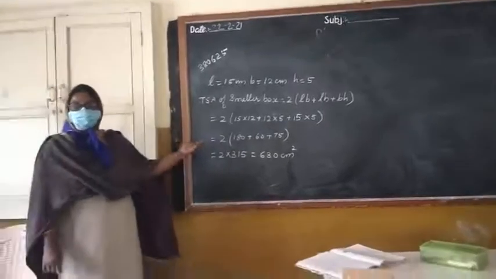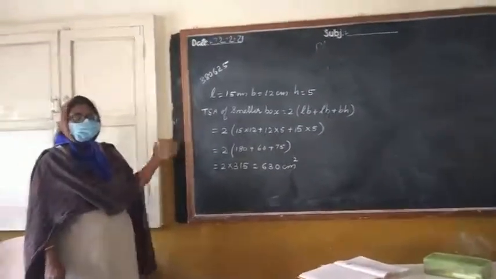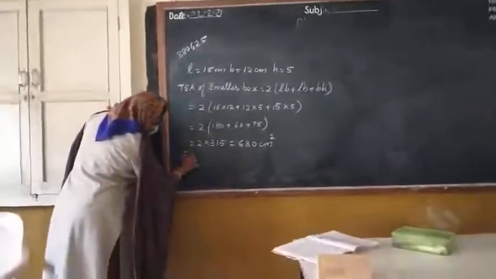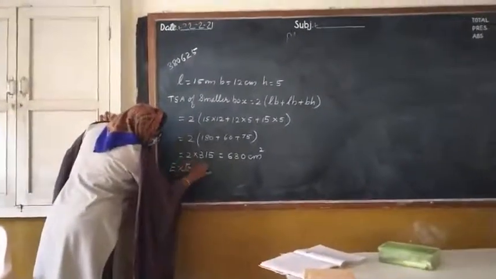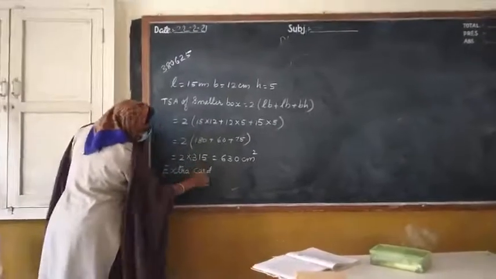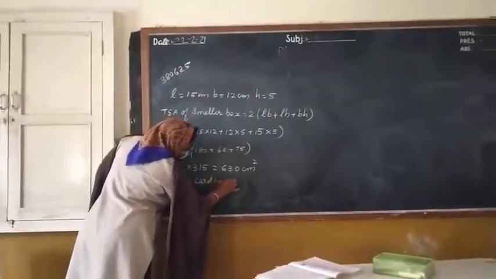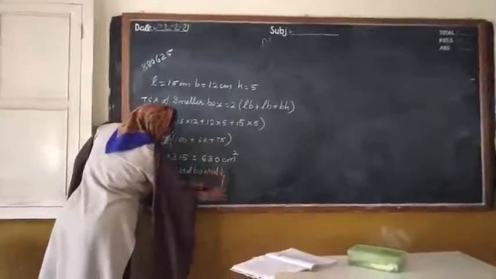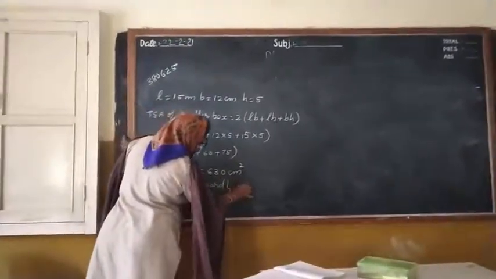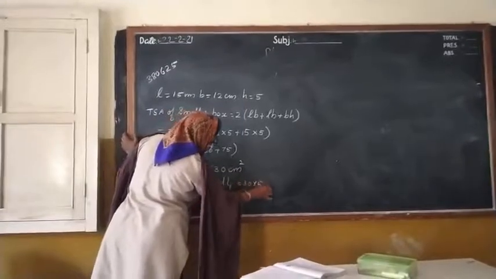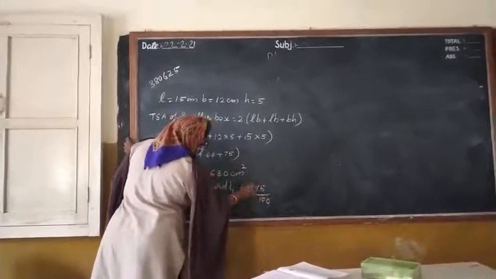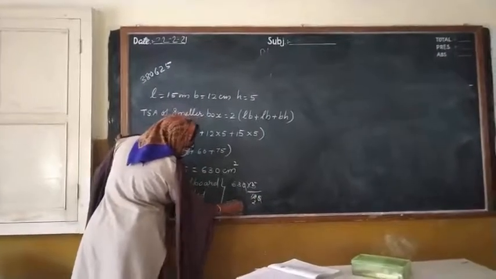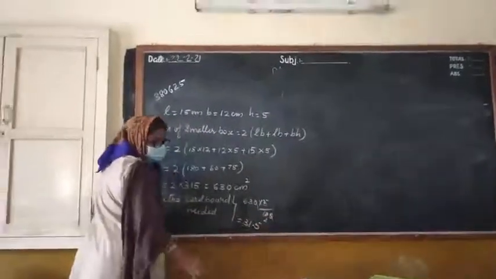Now 5% extra here also you have to find out. Extra cardboard needed: 5% of 630. 630 into 5 by 100. 31.5. Okay, 31.5.